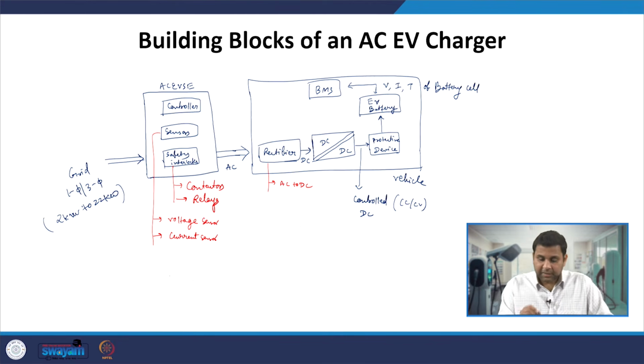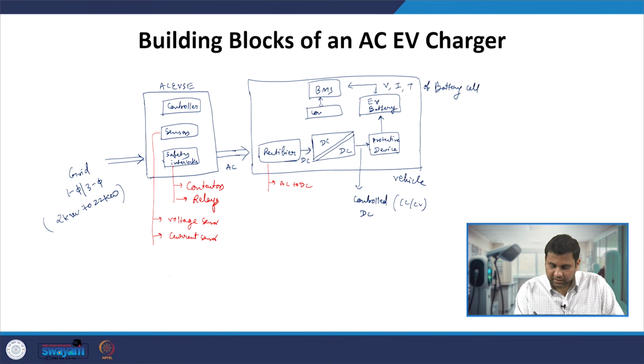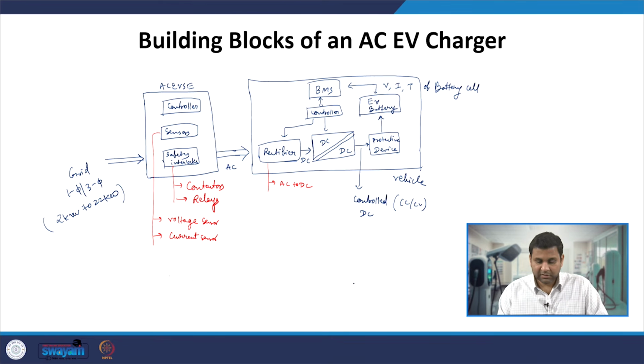Now, this BMS, depending upon the amount of current going into the battery or the voltage imposed upon the battery bank, decides whether the output of the DC converter is following the particular charging profile or not, and then it communicates with the controller, which is another controller that controls duty ratios or phase shifts of the power electronic switches used in this rectifier and isolated DC-DC converter.